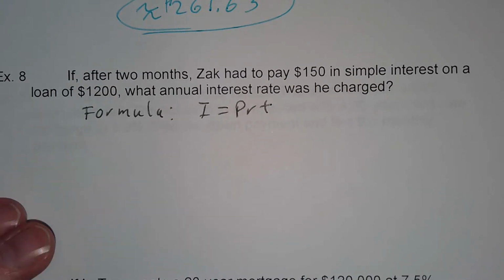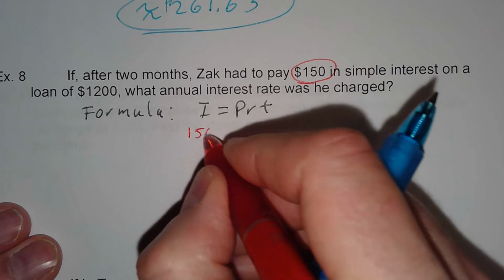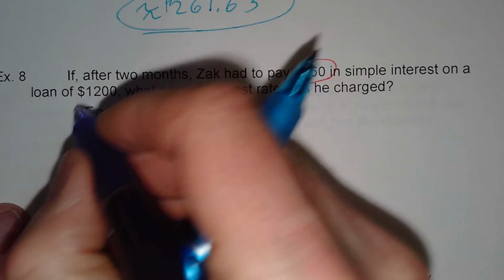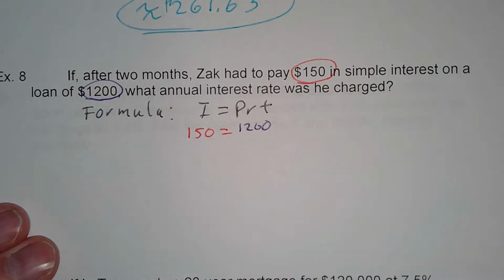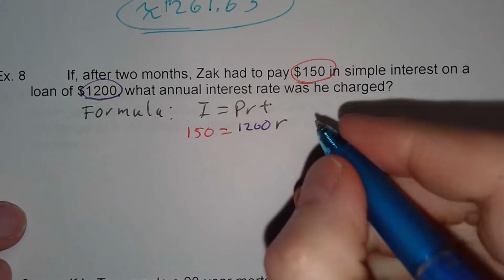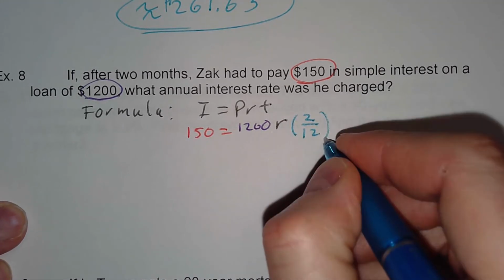So our interest here was $150. Our principal is $1,200. We don't know what R is, that's what we're trying to find. And T here is 2 months, so we have to put that 2 over 12.